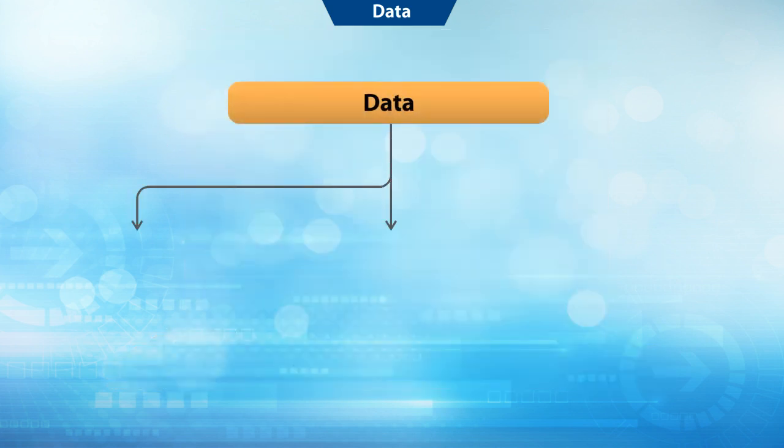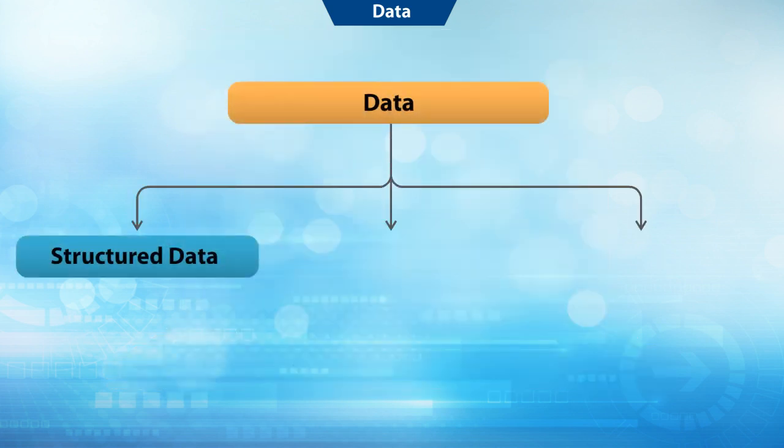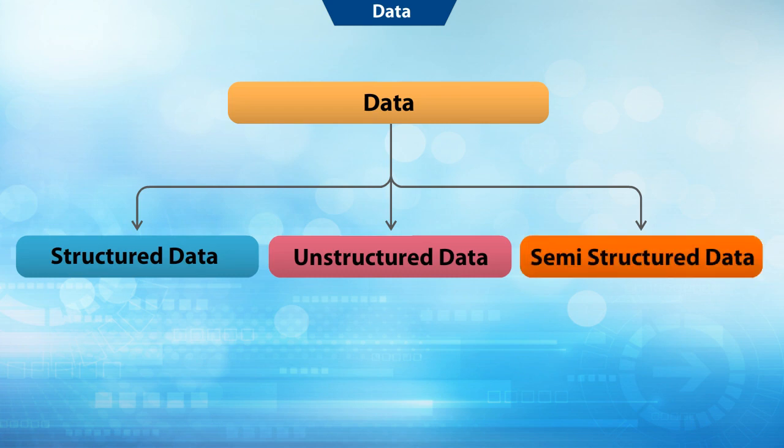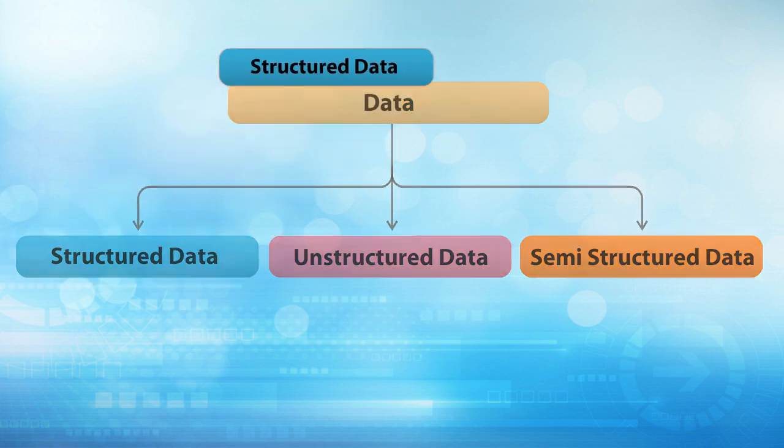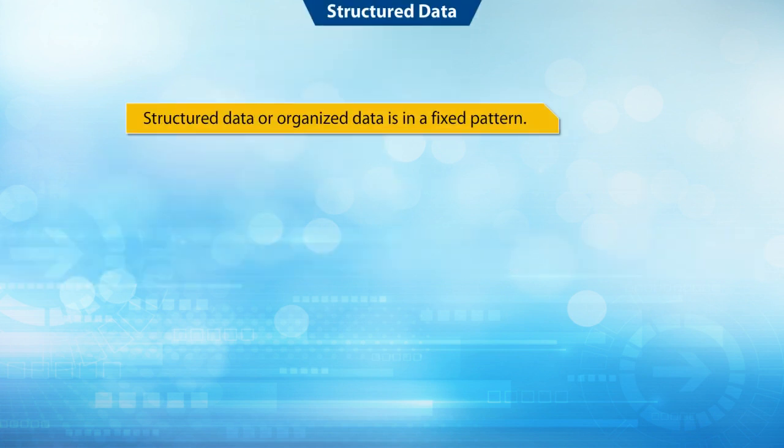We can classify data into three types, namely structured data, unstructured data, and semi-structured data. Let's look at the structured data first. Structured data is organized data which is in a fixed pattern and is easy to understand.